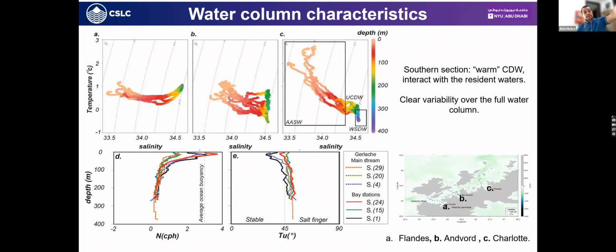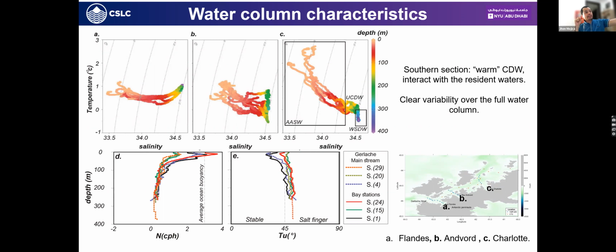So we can identify here the most relevant one at the north. We have warmer waters, of course shallow, but still warmer than the ones that we identify here in Flanders, that can impact these areas in the glacier part.